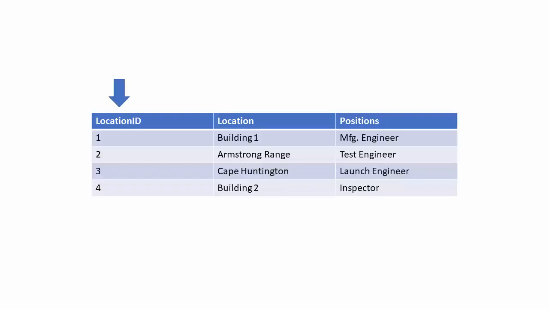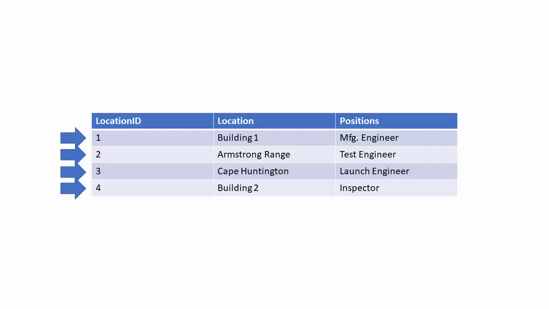The keys are the integers in the location ID field. The domains are, for a location ID, the set of integers. For a location, the set of locations where Acme has operations. For positions, the set of job categories of Acme employees.